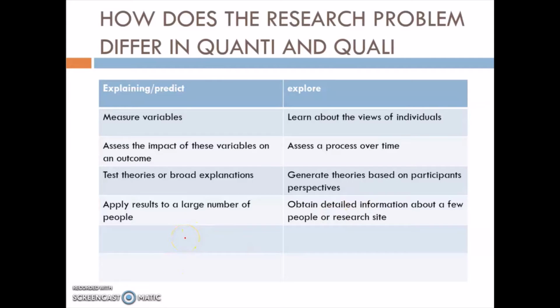The last one: quanti can be applied to large numbers of people, in this case the population. But quali might only involve a few people or a certain site, and the result cannot be generalized to large numbers of people. It's more of a case study. So those are the differences between quanti and quali.